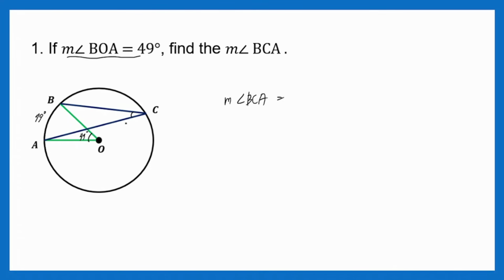Alright? Tapos, we have 49. So, that is BA. Tama ba? That's BA. 1/2 ng measurement ng arc BA ay yung ating measure of angle BCA. Sa ating working equation natin, the measure of angle BCA is equal to 1/2. Anong measurement nito? 49 degrees.